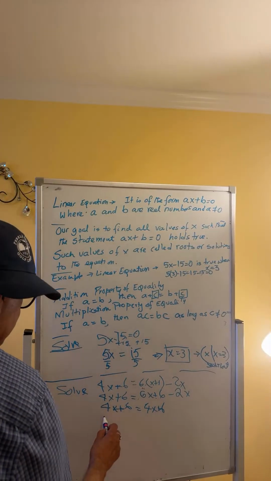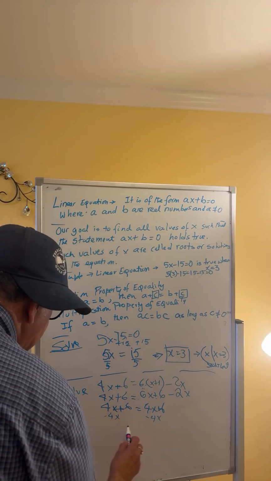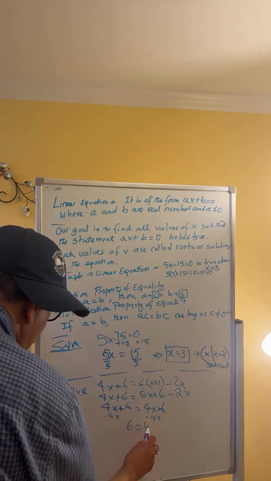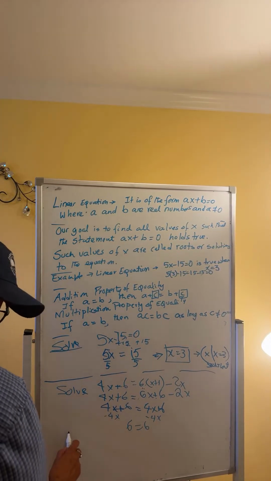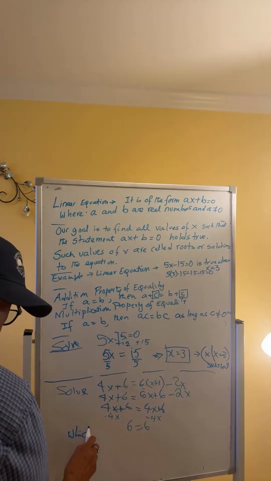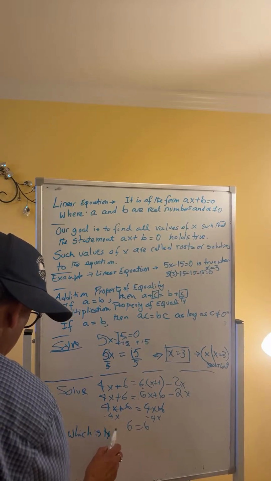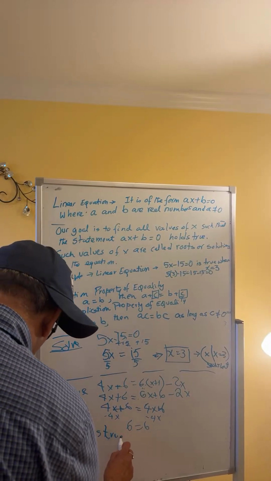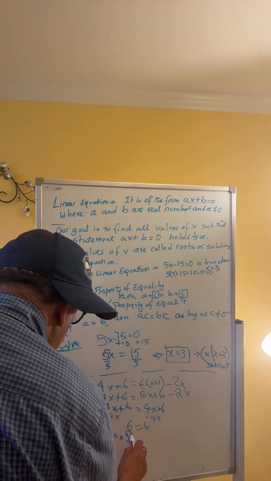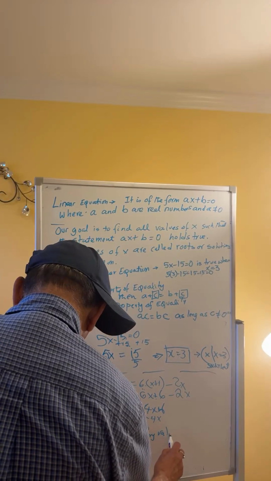Now if we subtract 4x from both sides, what do we get? We get 6 is equal to 6, because 4x cancels on both sides. This is true for every value of x.